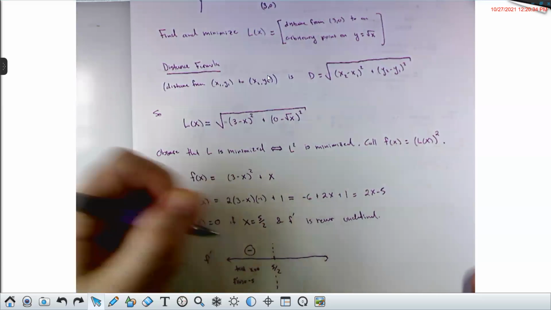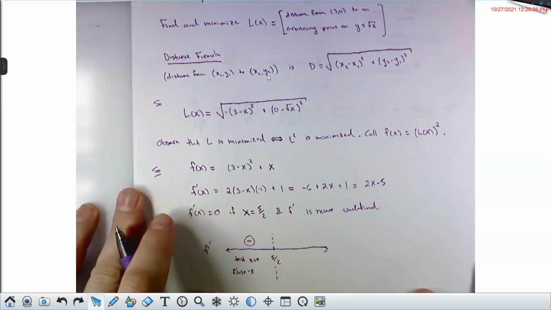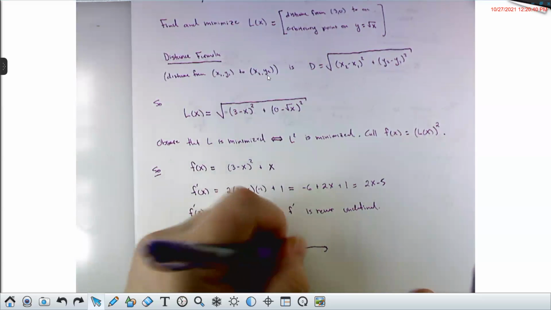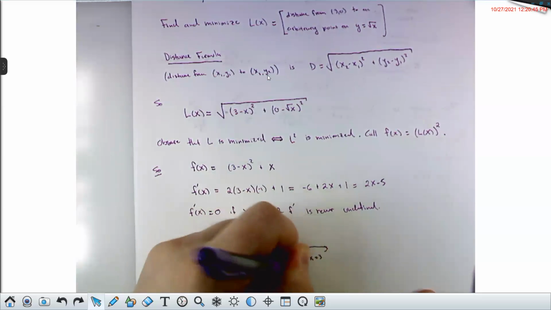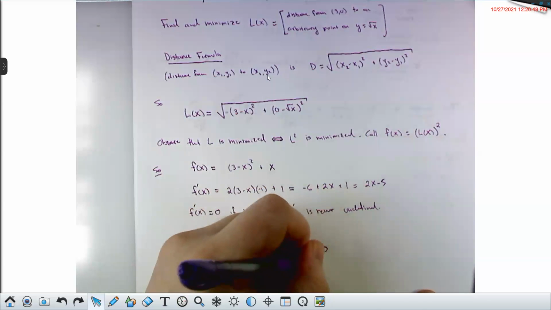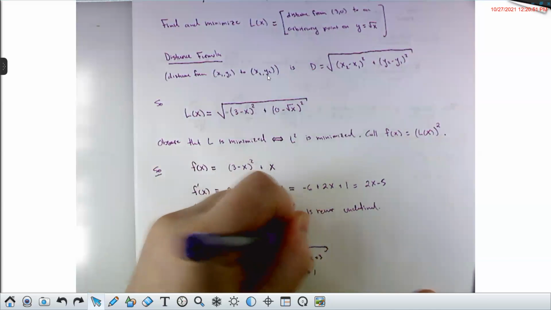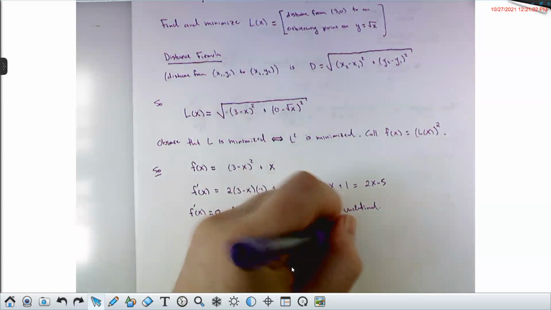So f primed is negative over here. And 5/2 is 2.5, right? So you could test x equals 3. F primed of 3 is 6 minus 5, which is plus 1, which is positive. So because f primed is negative everywhere to the left of 5/2 and positive everywhere to the right of 5/2, this must be an absolute min.